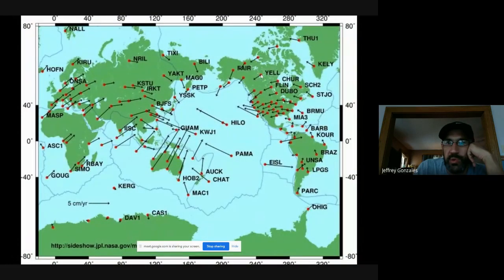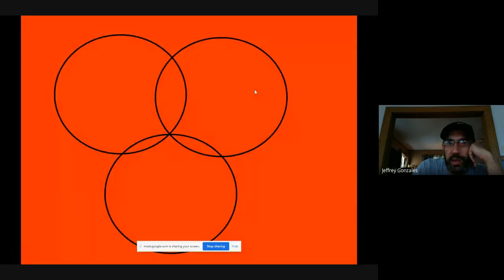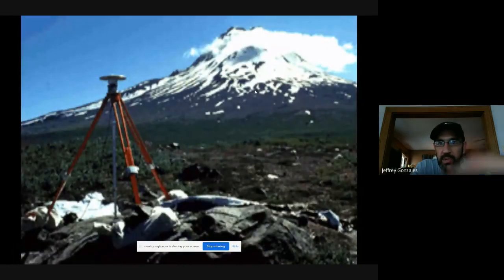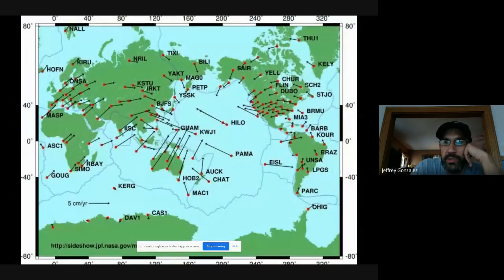So all of these represent places where scientists have those GPS locators. And what those GPS locators do is constantly relay information. So then what scientists are able to do is, again, these are just vectors. So they're showing the magnitude and direction that the plate is moving. You can see the North American plate is turning a little.